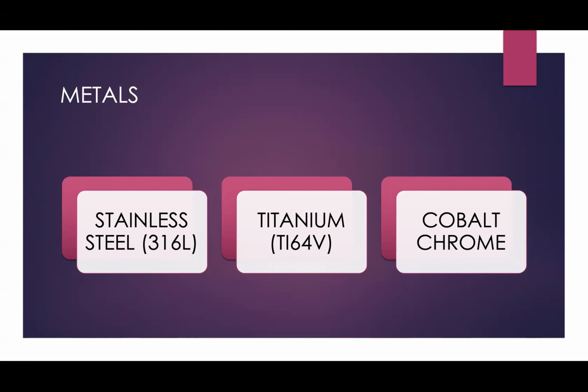It's biphasic, it has both an alpha phase and a beta phase, so that gives it good fatigue resistance. It's got less modulus mismatch. It's got a very similar Young's modulus to bone. So that means you get less stress shielding and less anterior thigh pain because it's sharing the load between the bone and the implant. So it's very good for stems and nails.